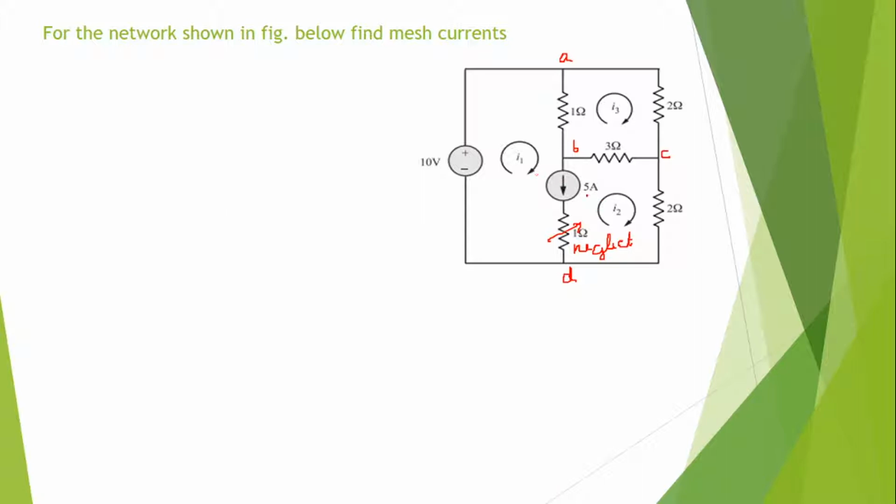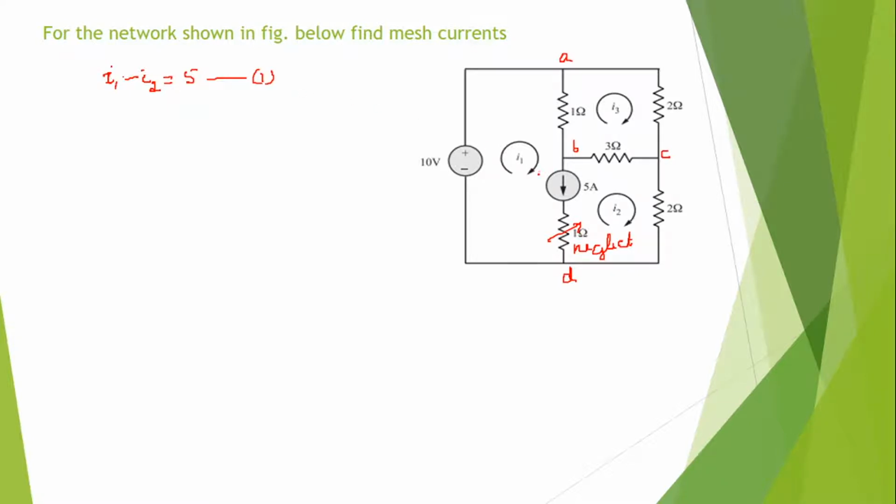So this 5 amps needs to be expressed in terms of the mesh currents. It is I1 minus I2 equal to 5. So this is the first equation.